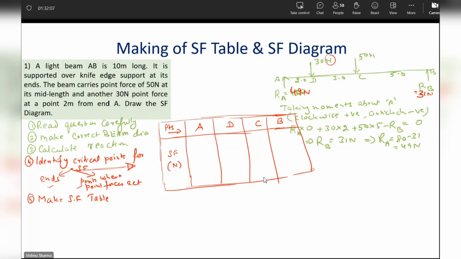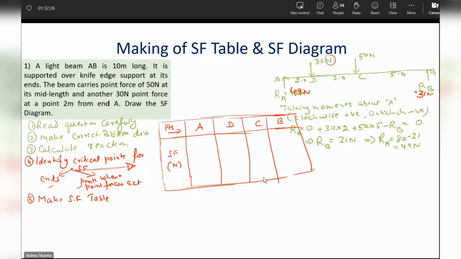Then certain cells you have to divide into two. When I say cells, I mean these spaces between A, D, C, B. So in making the shearing force table, please pay attention.